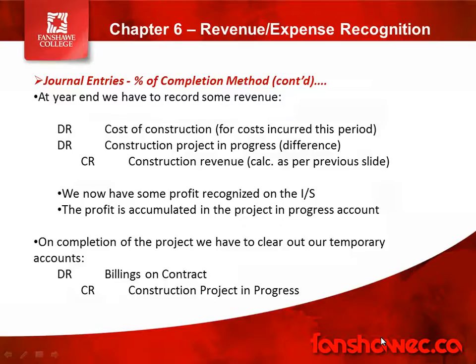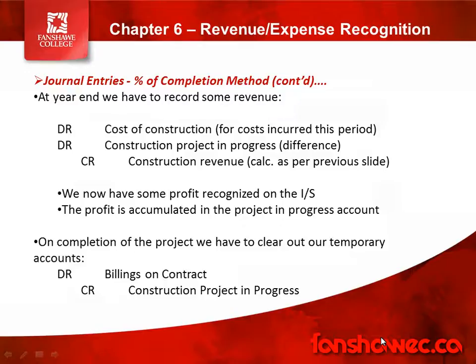Well, the way you clear it out is to debit billings on contract for the total contract value and to credit PIP. So you close the two inventory accounts out to each other. Because of the way this model works, at the end of a project, your PIP account will always equal your billings on contract if you've done the journal entries right.